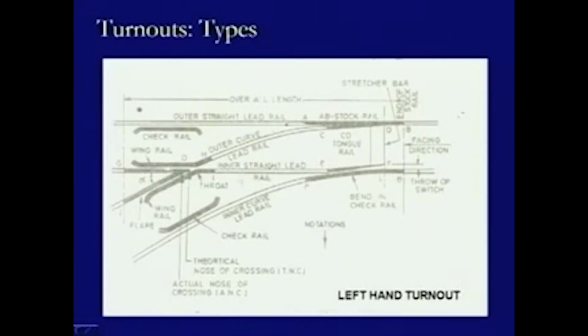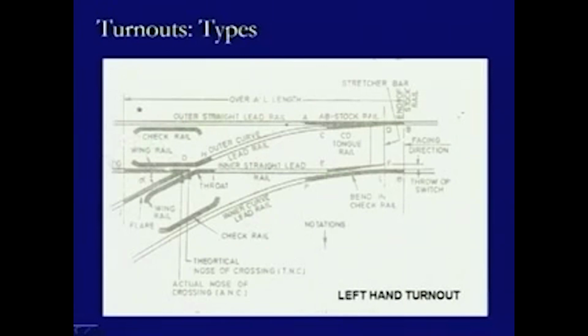On that basis the facing direction is defined, whereas if we are standing on the crossing and looking towards the points, so these are the points and this is the crossing, if we are standing here and looking towards this one, then it is known as the trailing direction. So, this is the facing direction, and this way it is the trailing direction.